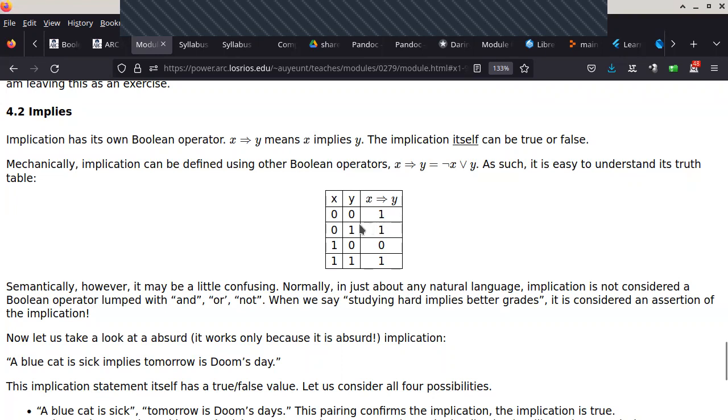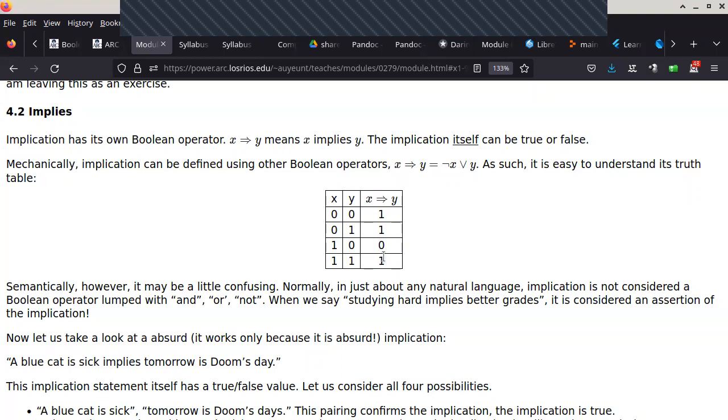This may be a little bit interesting because what it's saying is false implies false is true. False implies true is true. True implies false is false. And then true implies true is true.